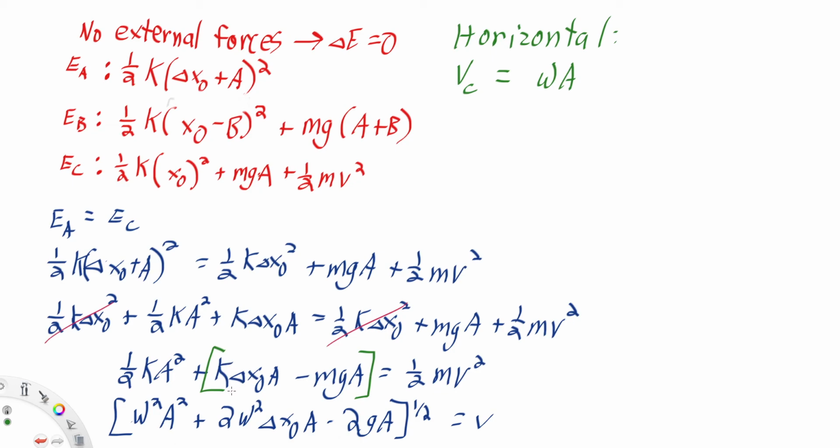Well, if k delta x minus mg is 0, multiplying that by a, you still get 0. So these two terms cancel out. And in fact, we do have exactly the same thing as we did in the horizontal case.